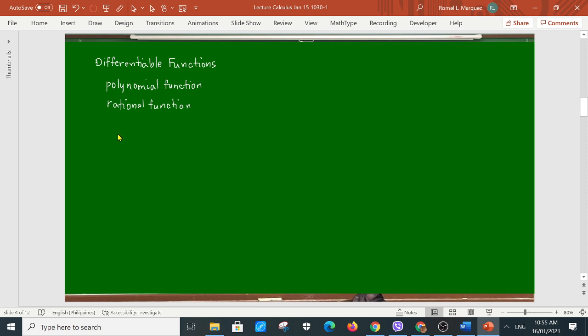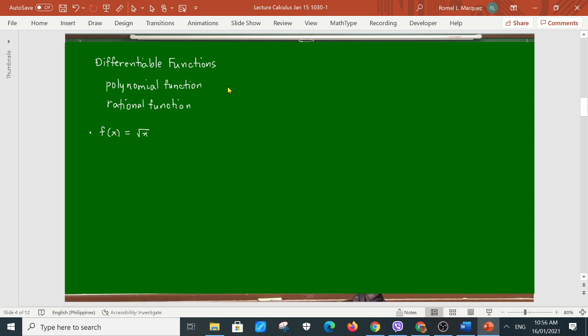We have the square root function, which is not differentiable at the endpoint. So, if I have, for instance, f of x equals square root of x.